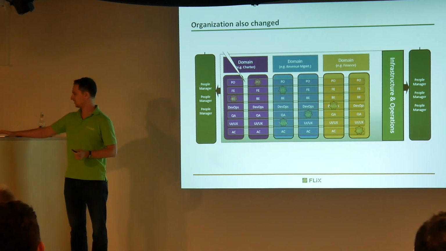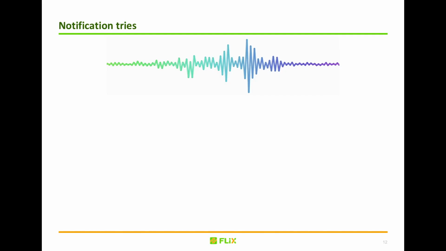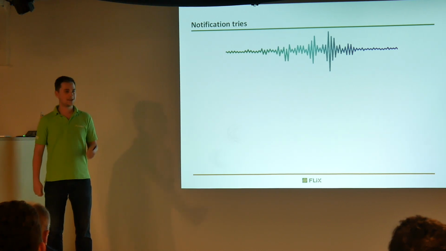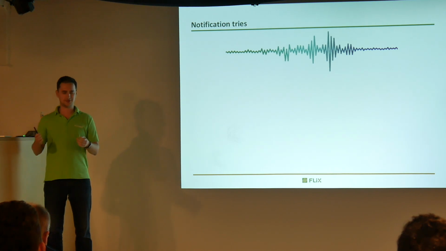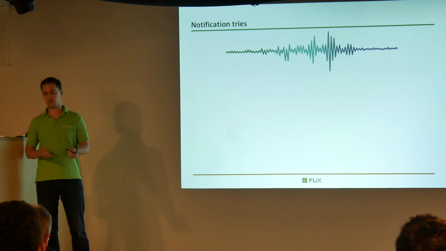So we tried different solutions, like deployment notifications via sound waves, which is literally shouting, hey, I'm going to deploy this service. Not working good, no history, and also it totally doesn't work if you are at home office.